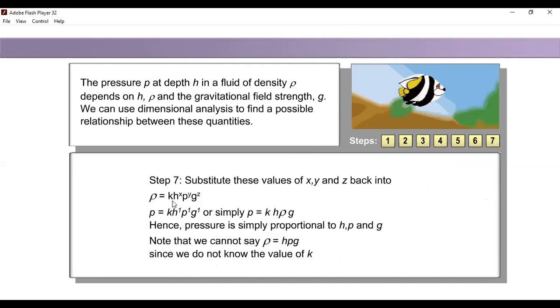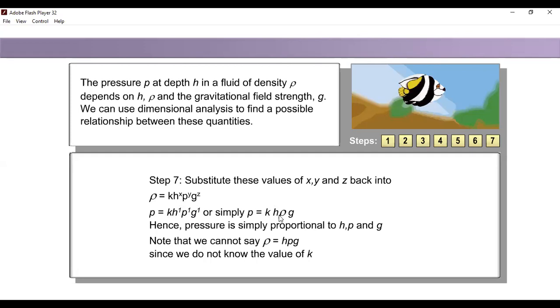That means that P equal to k rho g h, where x, y, z, each of them are 1. That means that pressure P is equal to k rho g h, where k is a constant. Since we do not have any constant here, right? So balanced already.